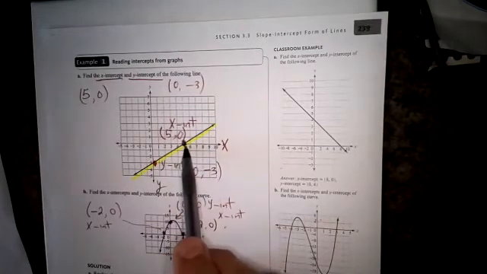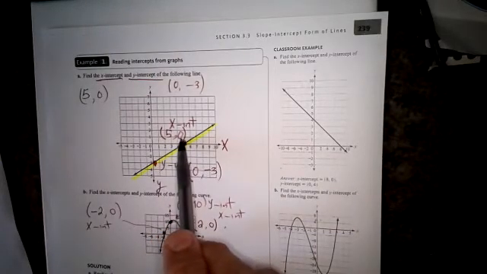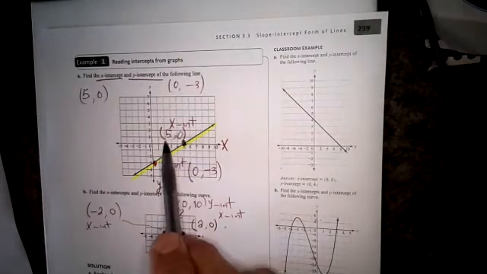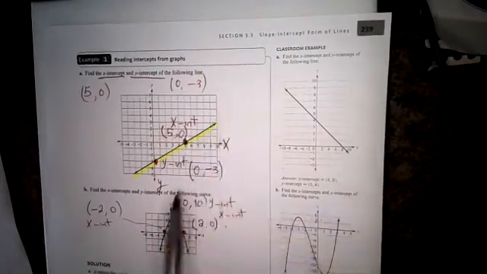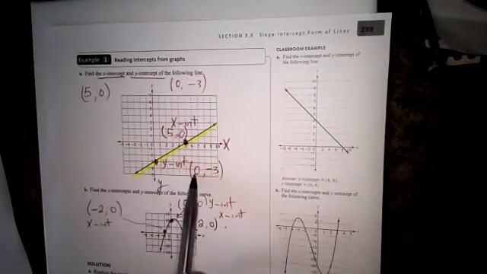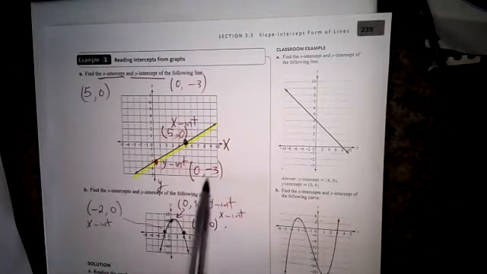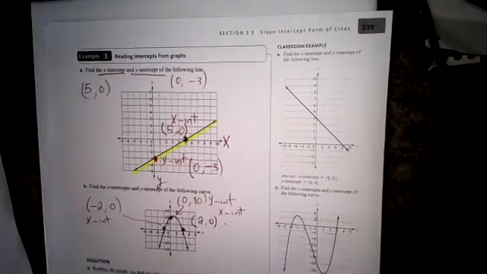What is the x of this point? When I read off the graph it is 5, and obviously there is no 0 for y. So the x-intercept is 5 and 0. For the y-intercept, this place doesn't have any x because the point lies on the y-axis. But it does have a y value which is negative. So the y-intercept is 0 and -3.